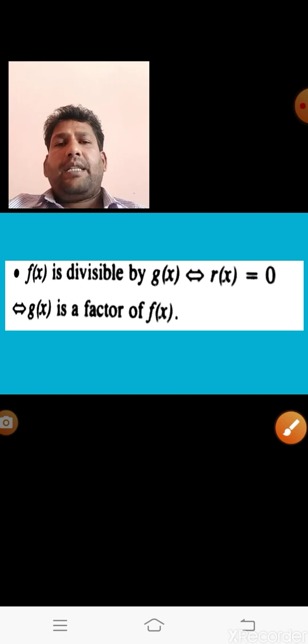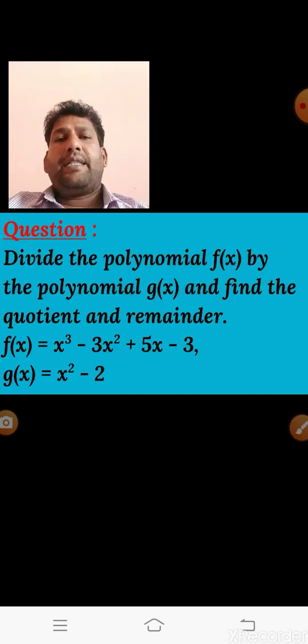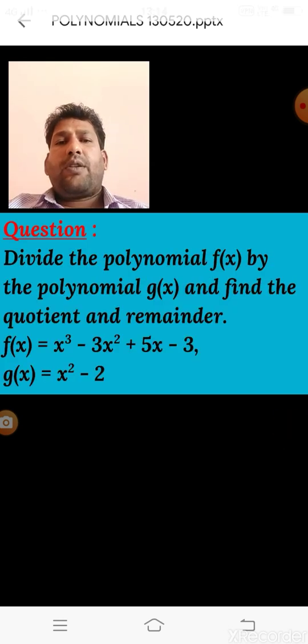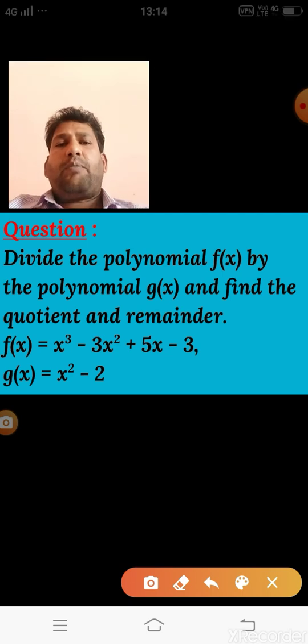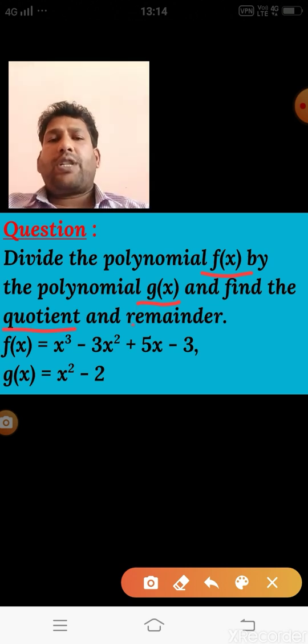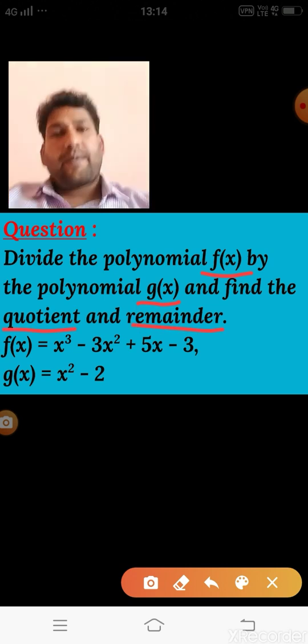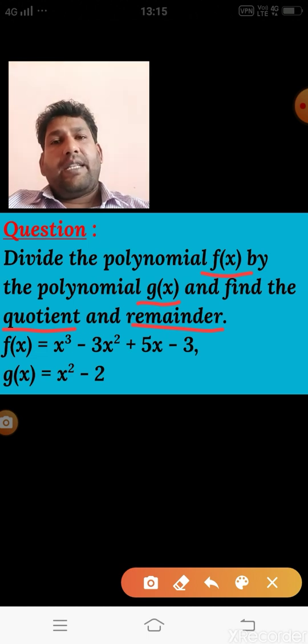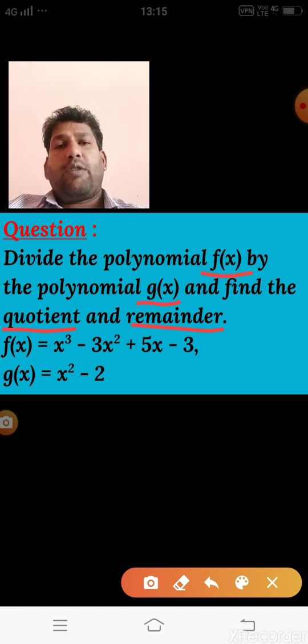Here I am taking a question in which we have to divide the polynomial f(x) by g(x), and find the quotient and remainder. We have done these kinds of questions in class 9th and class 8th also.